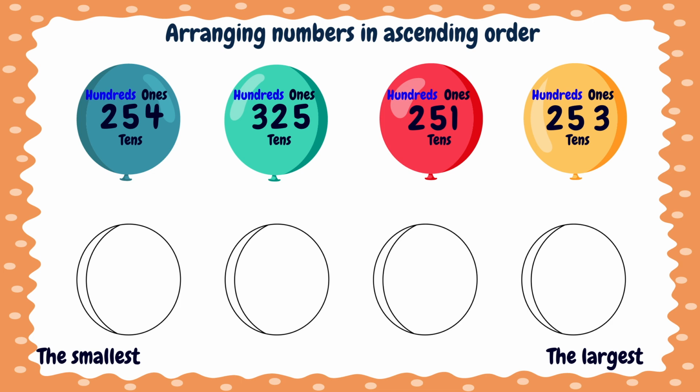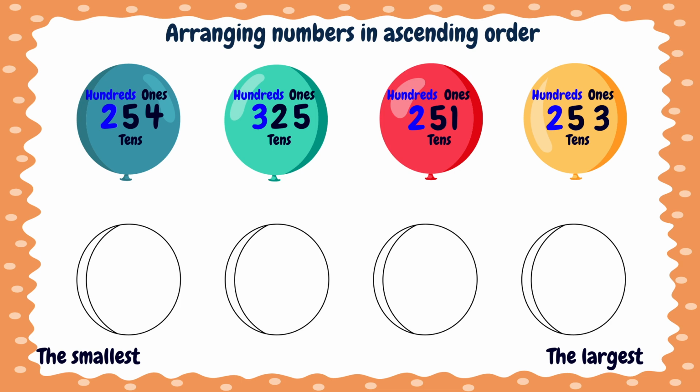Look with me here. We have the number 2. Here 3. Here 2. And here 2. Which of these numbers is the smallest? The number 2. Excellent. But we have 3 equal numbers in the hundreds place. What do we do?